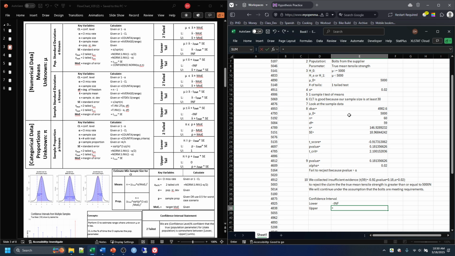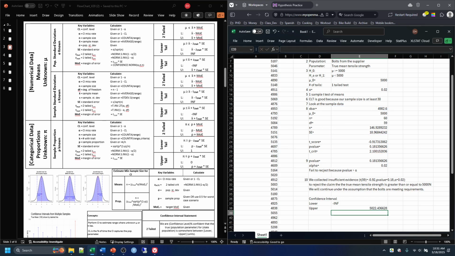And the upper is going to be equal to, we're just going to follow this one right here where it says X bar. We'll grab X bar plus our T critical one tail times our standard error. We've got our standard error here.